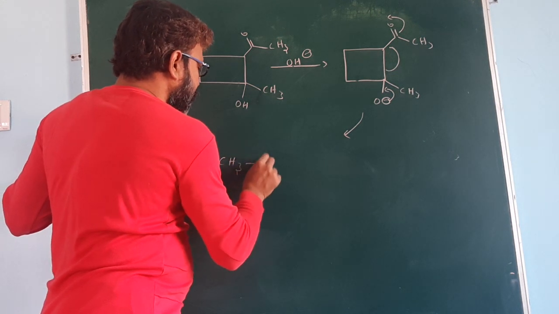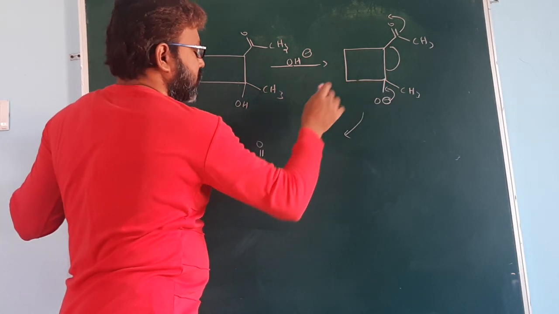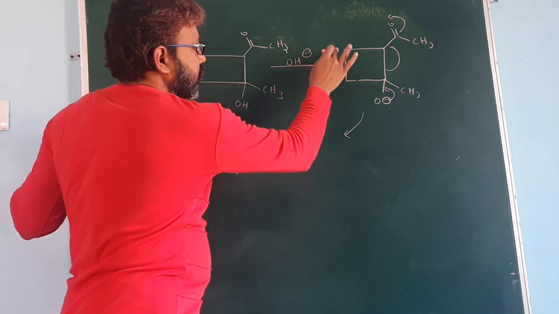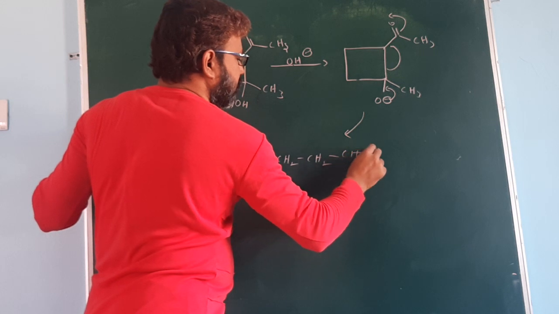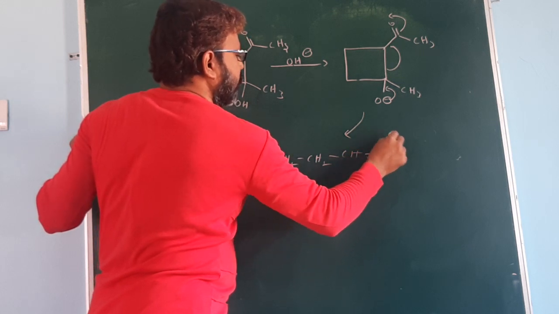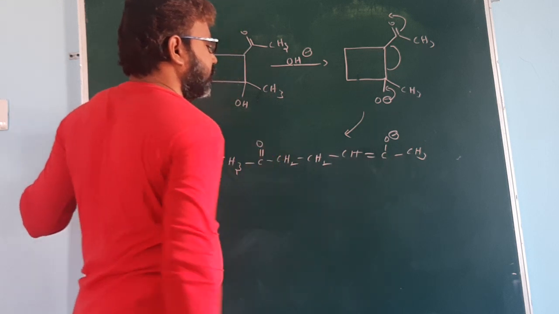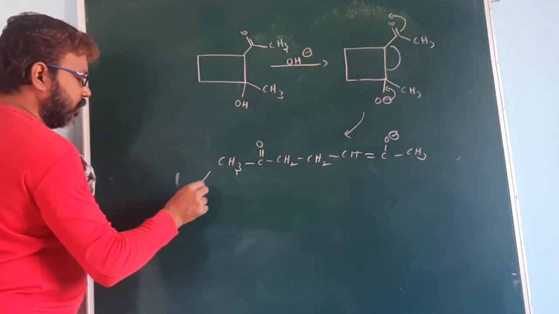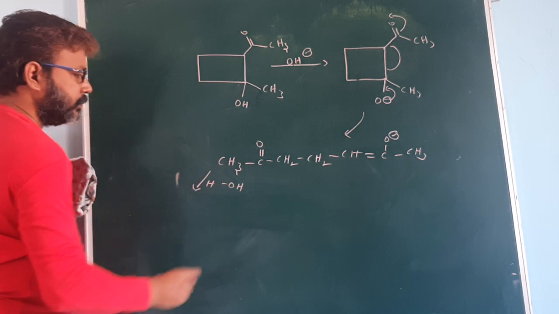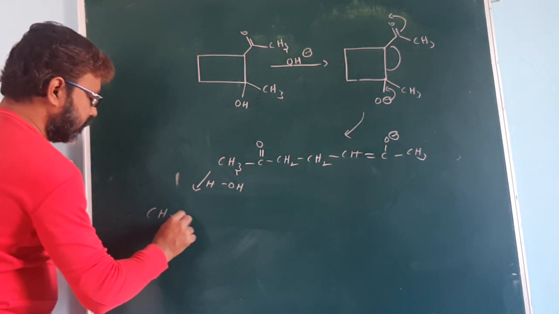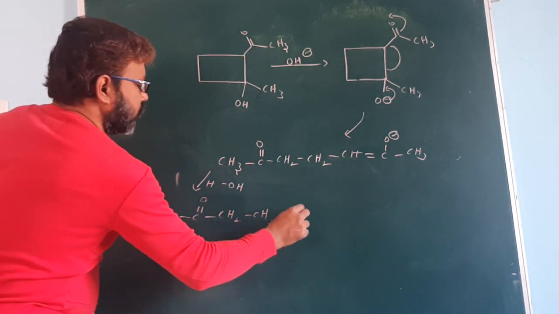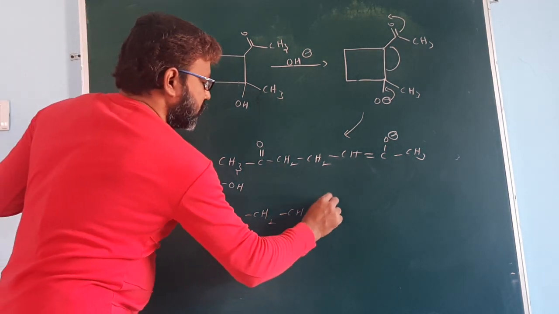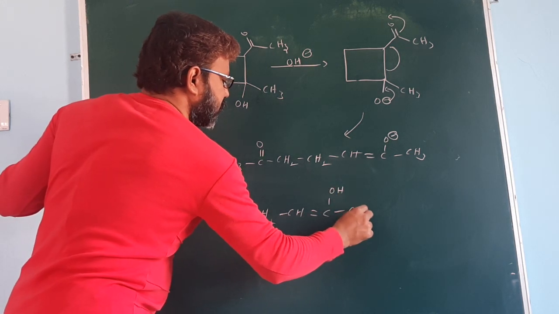Now you get CH3 C double bond O CH2 CH2 CH double bond CO minus CH3. It accepts the proton from water. You get CH3 C double bond O CH2 CH2 CH double bond C OH CH3.